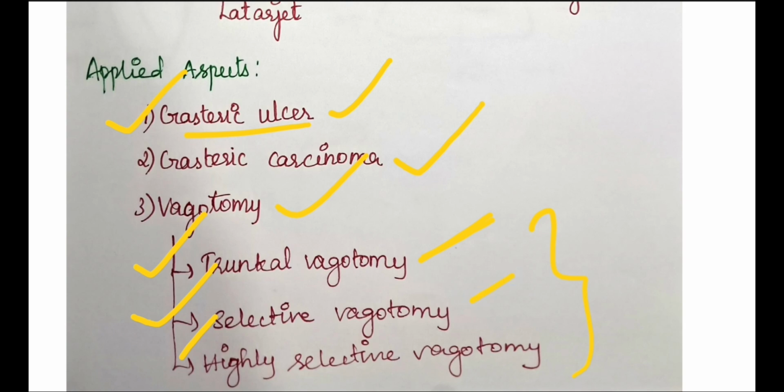Whereas in selective vagotomy, after giving the hepatic and celiac branches, the vagus nerve is cut. In highly selective vagotomy, the anterior and posterior truncal vagus will be cut, including the nerve of Grassi. Okay, so these are the applied aspects of the stomach. Thank you.